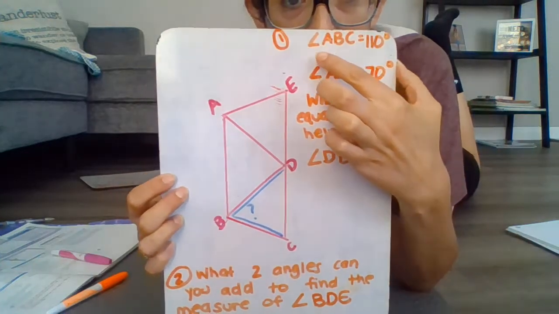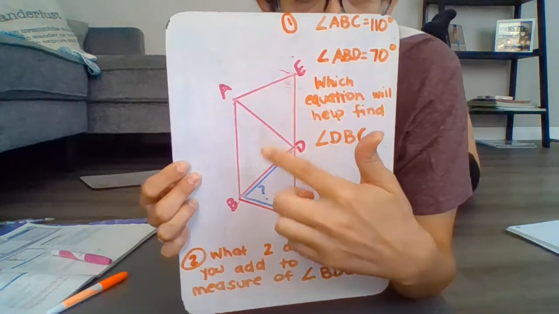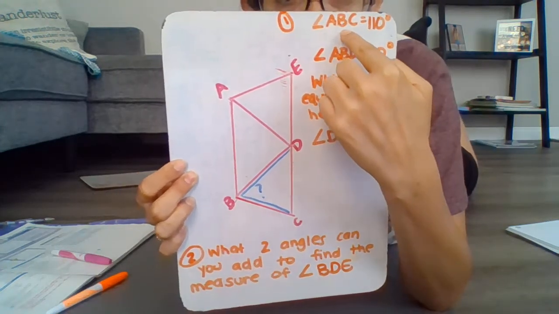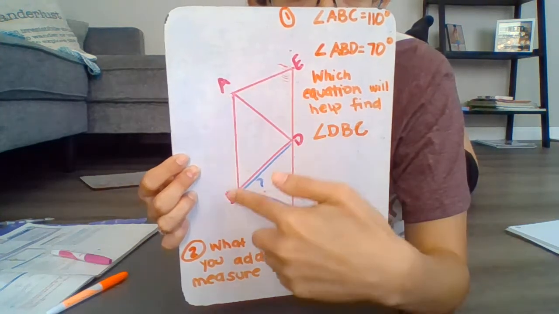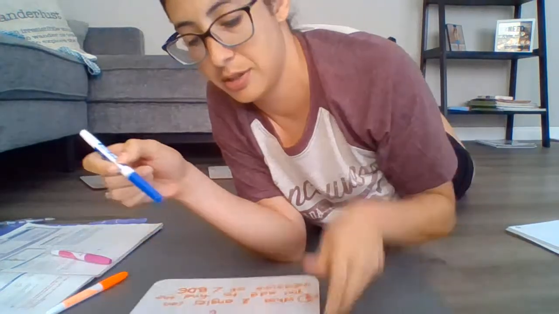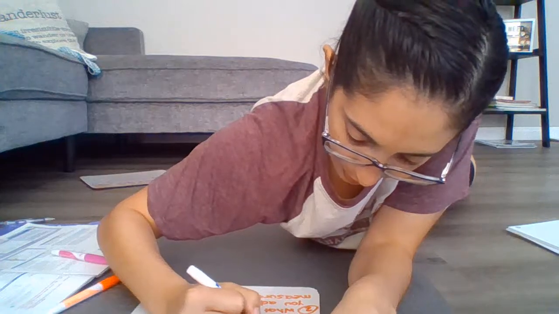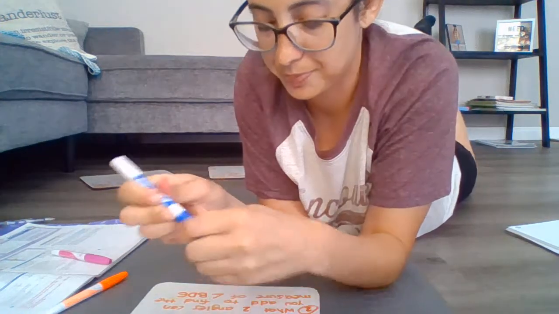So I need to find ABC and label it 110. So by looking here, B is my vertex, that's my middle letter. So A, B, C. So I'm going to label it 110 degrees.